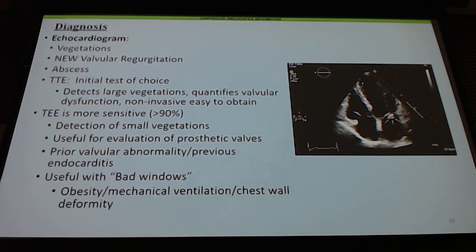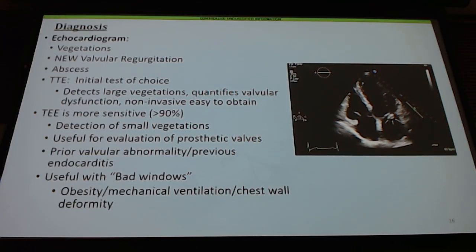You are going to want to get an echo. You may want to start off with a transthoracic echo because it's minimally invasive and I don't need sedation. These patients could be pretty sick by the time you're seeing them, right? So try to do a transthoracic echo.